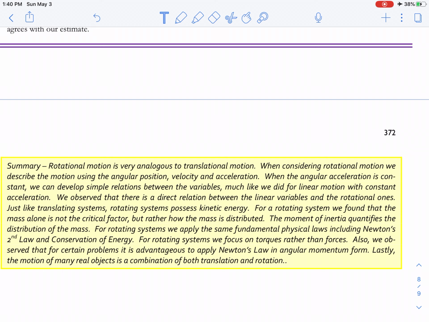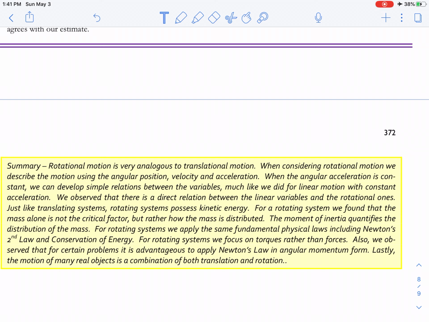Just like translating systems, rotating systems possess kinetic energy as well. For a rotating system, we found that the mass alone is not the critical factor, but rather how the mass is distributed. The moment of inertia quantifies the distribution of the mass. For rotating systems, we apply the same fundamental physics laws, including Newton's second law and conservation of energy.